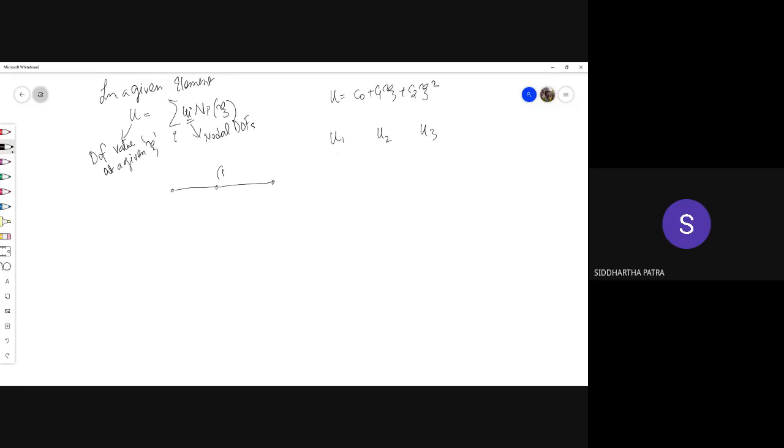A single quadratic element must have 3 nodes. And let's say this is the physical coordinate. So the physical coordinates are x1, x2, and x3.